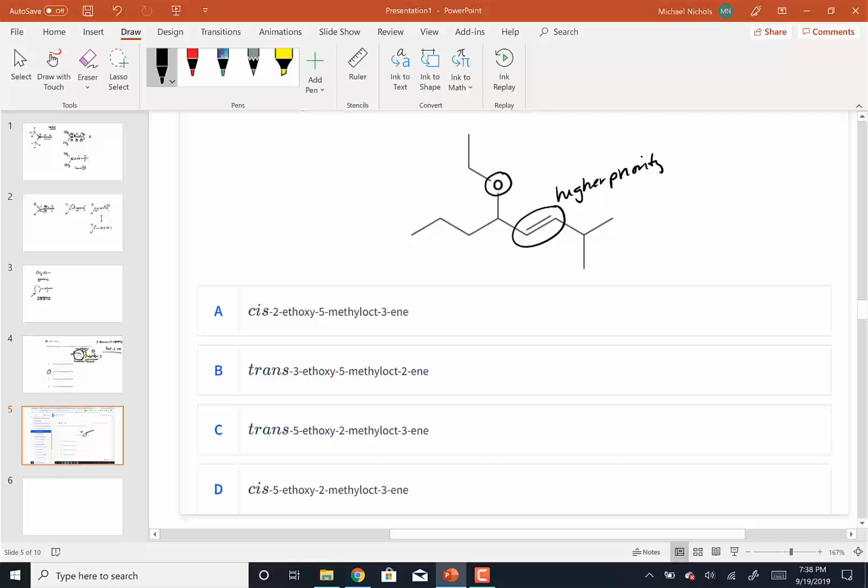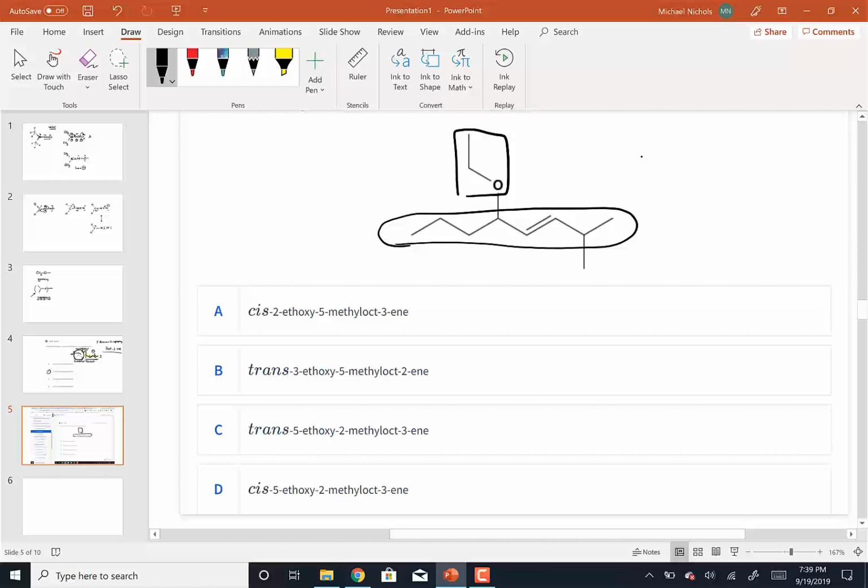Now looking at the oxygen, which side of the oxygen has fewer carbons, because that's going to become the substituent? Well, that means this entire group right here with its 2 carbons is going to be the substituent of the alkene. And now this is going to be my longest continuous carbon chain that contains the double bond.